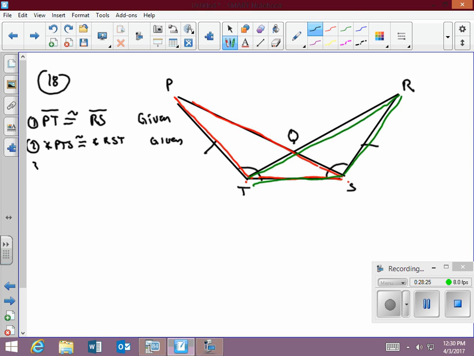And then, like you said, Vince, you can say the line PS is congruent to the line ST, and that's reflexive.